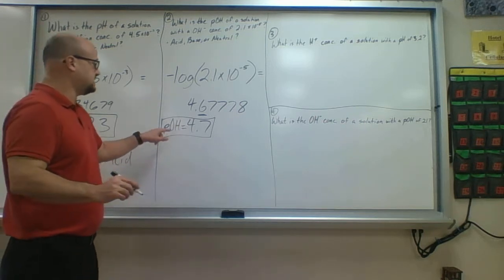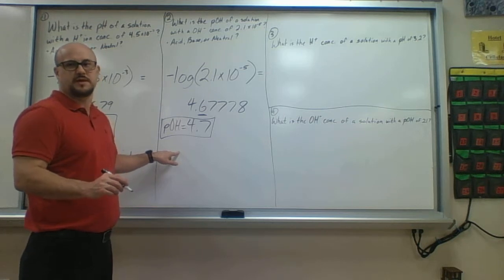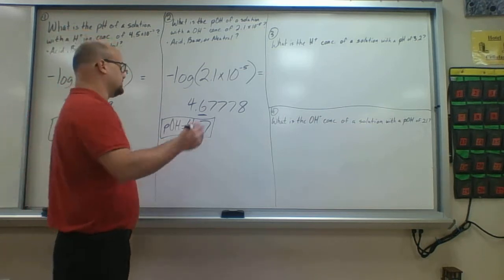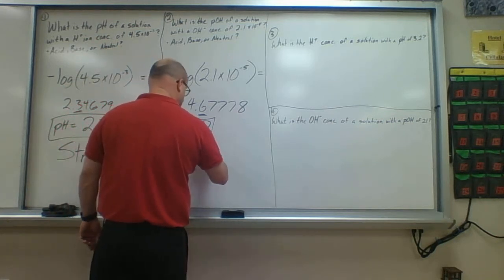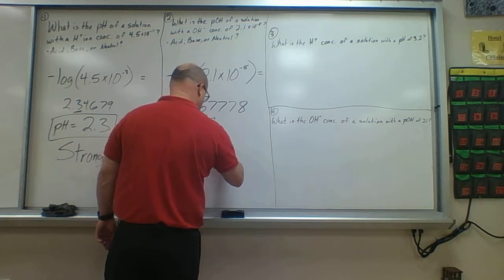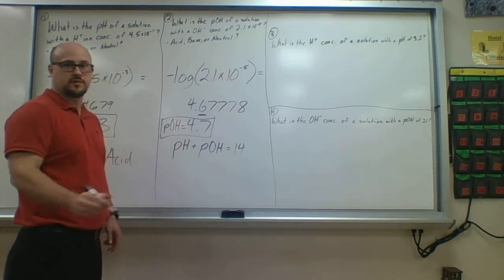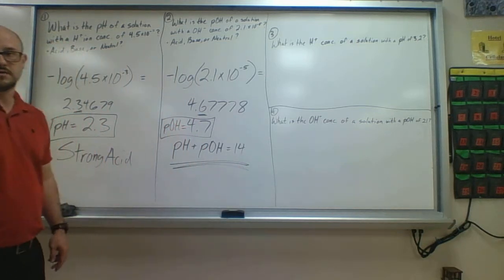Now, can we get whether it's an acid, a base, or a neutral from this? Not directly. pOH plus pH have to equal 14. So keyword, pH plus pOH have to equal 14. No questions whatsoever.